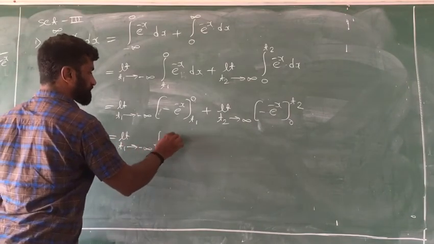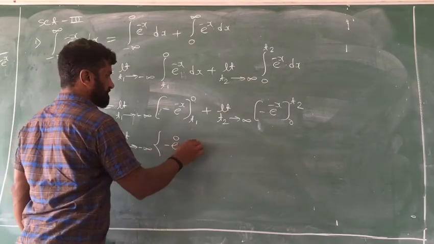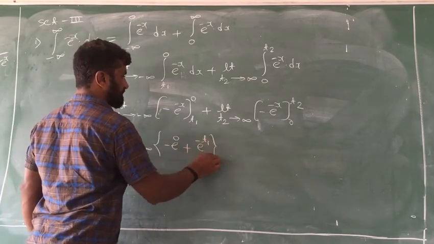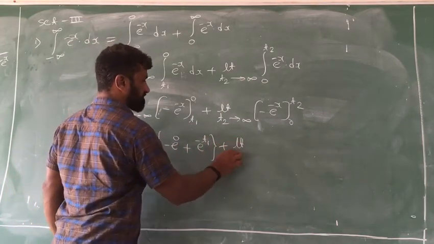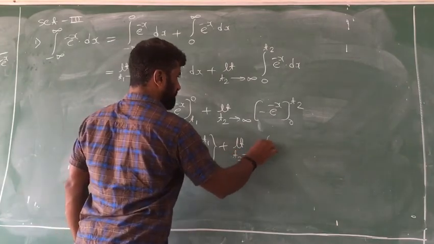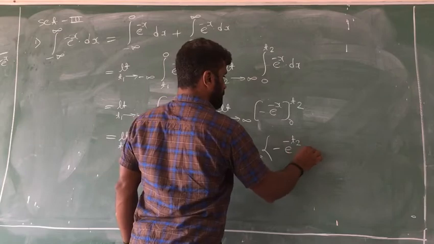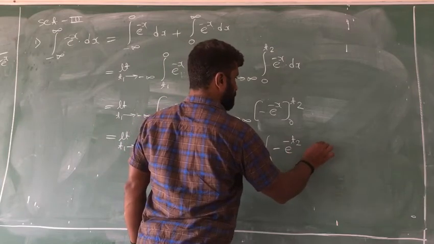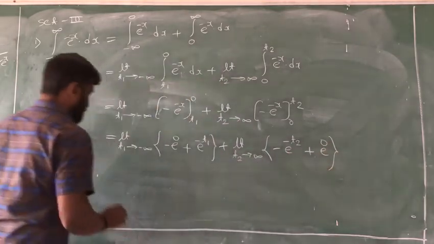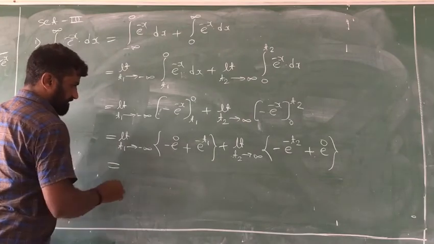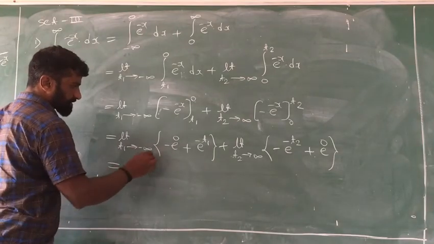So the first part is minus of minus, plus e raised to minus t1, plus limit of t2 tends to plus infinity of minus e raised to minus t2, plus e raised to 0. As t1 tends to minus infinity, e raised to 0 is 1.